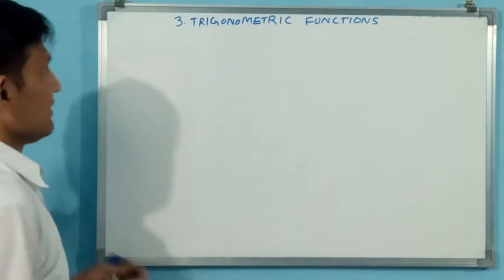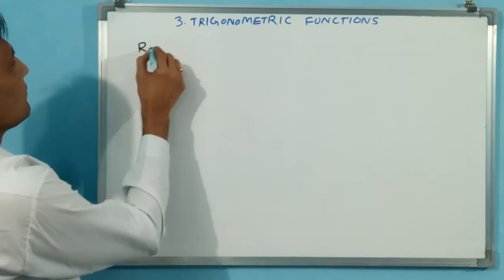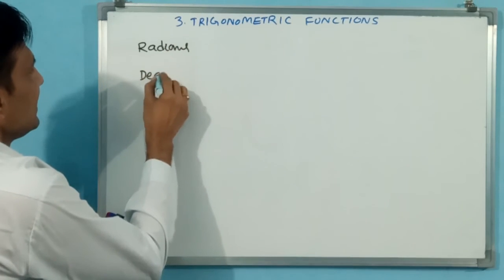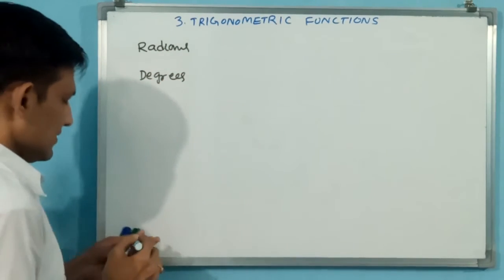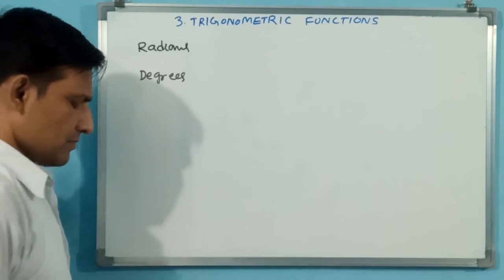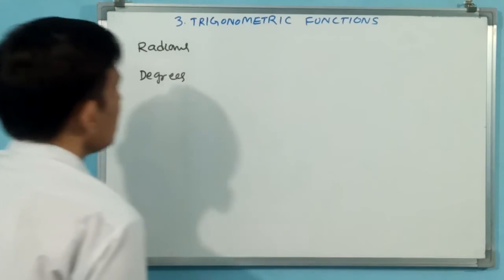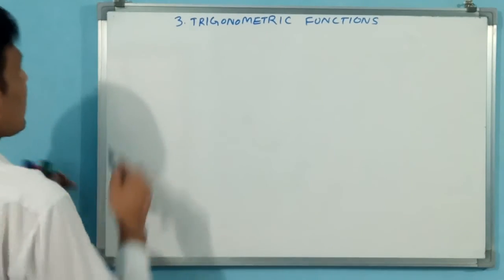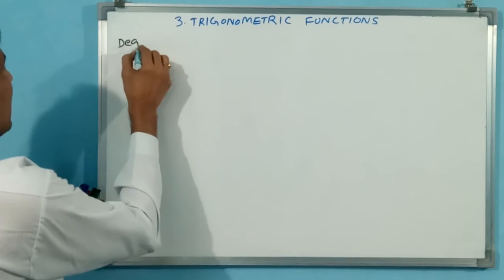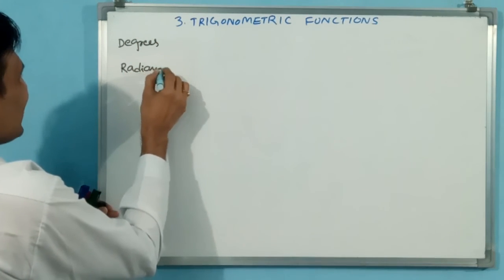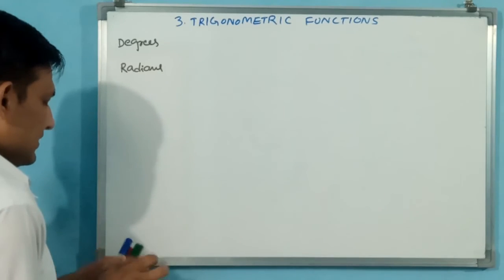Here I am writing radians first, because radians are bigger than degrees. Let us go for degrees and radians.